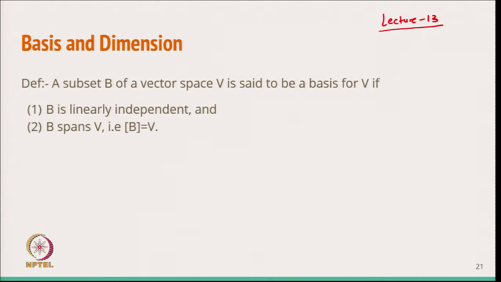Now we are going to define the terms basis and dimension. What is the meaning of that? Suppose I have a vector space V, and a subset B of the vector space V is said to be a basis for the vector space V if, first, B is linearly independent, because this is a subset and it contains the vectors.